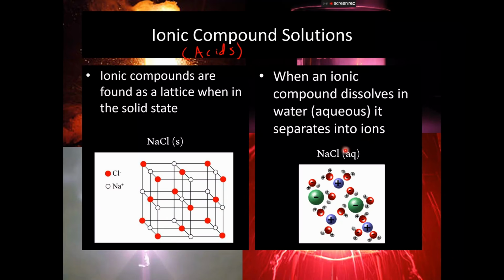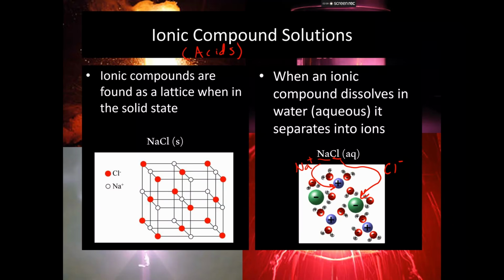So for example, if we were to dissolve solid sodium chloride in water, whenever the sodium chloride touches the water, it's going to separate into chloride ions, Cl-, and sodium ions, Na+. This chlorine is going to form Cl-, whereas the sodium in sodium chloride is going to separate out and create Na+ ions.